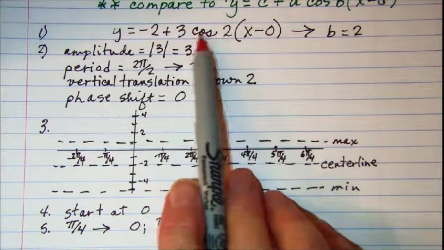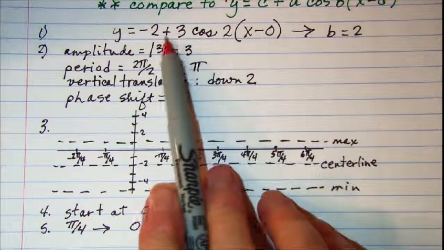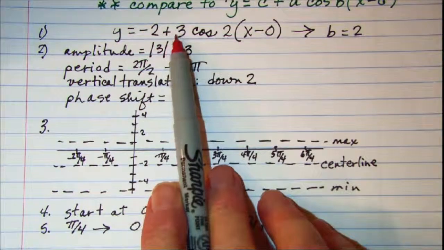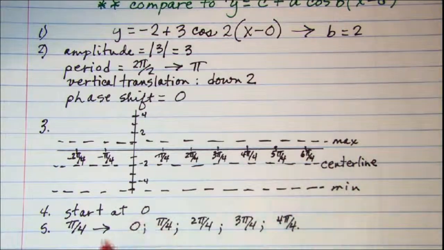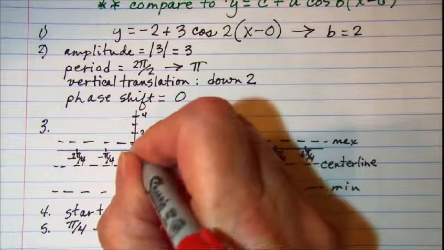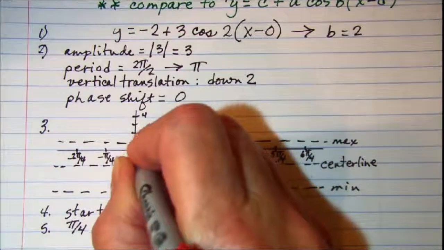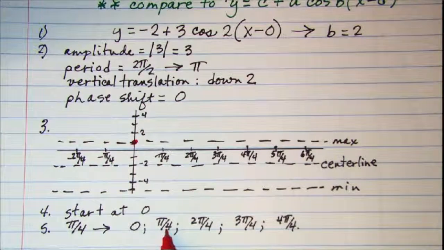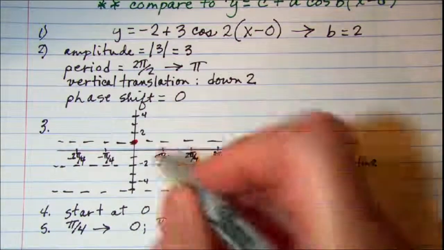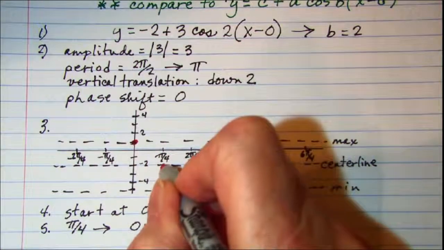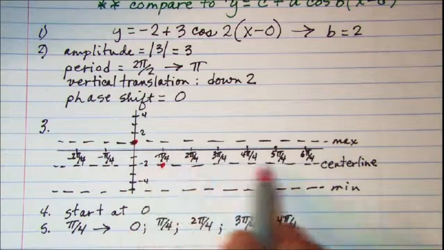I'm graphing a cosine curve, and it's positive. So I'll start at the maximum guideline at x equals 0. And then at pi over 4, I have to hit the center line. Remember, our center line is down here.